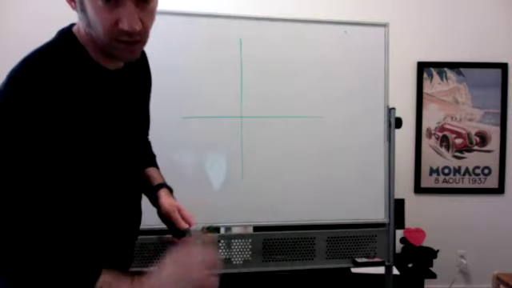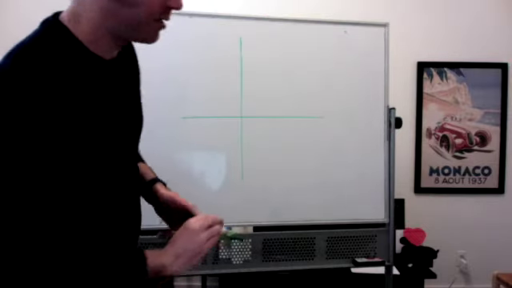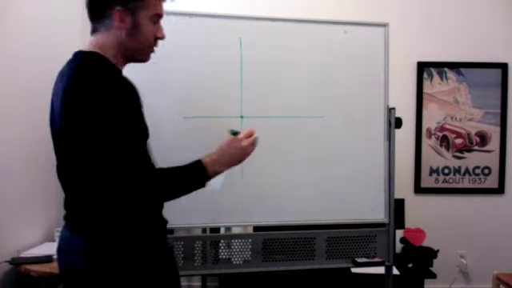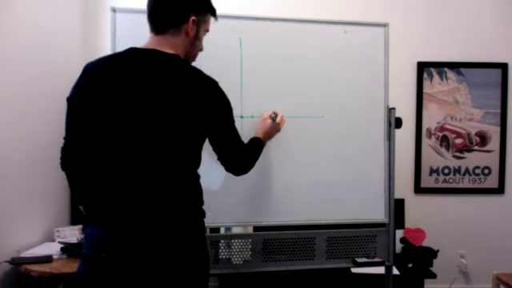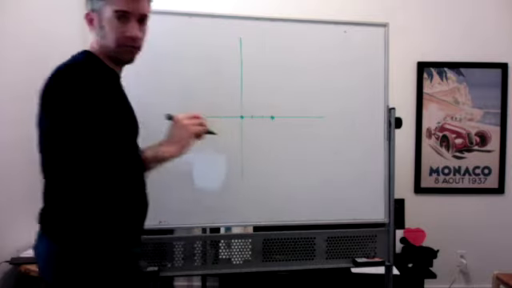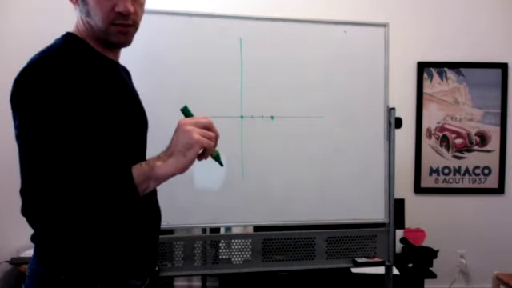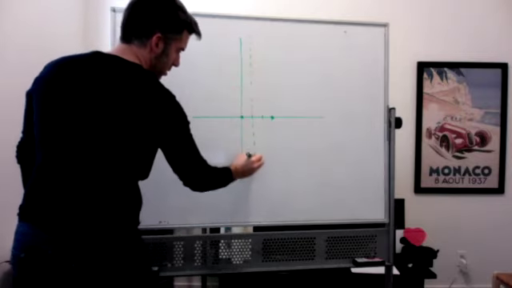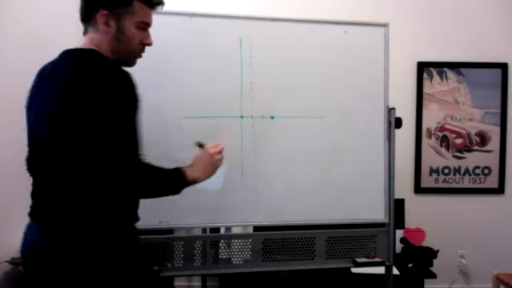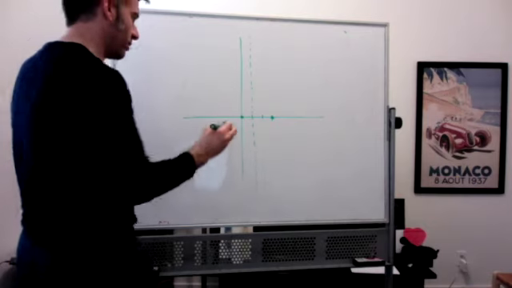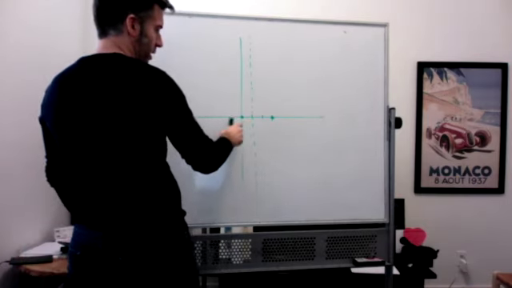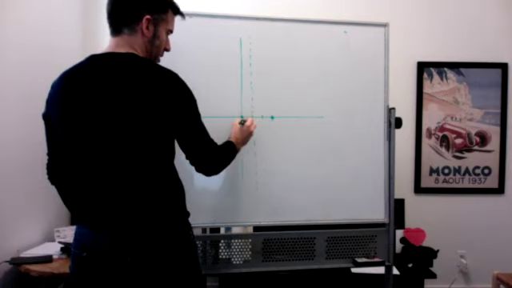What do we have here? I can look at my notes. We had y-intercept of 0, x-intercepts of 0 and 3, a vertical asymptote at positive 1, and a slant asymptote at y equal to x minus 1. So y equal to x minus 1 would go through the point 0, negative 1, and positive 1, 0. So here and here.